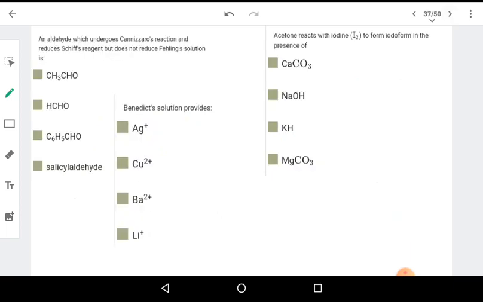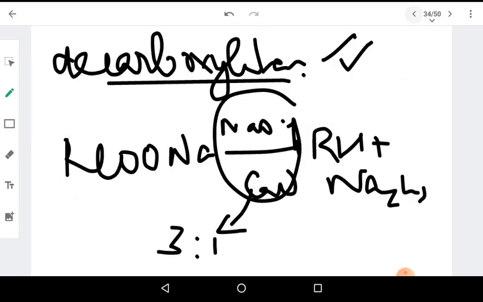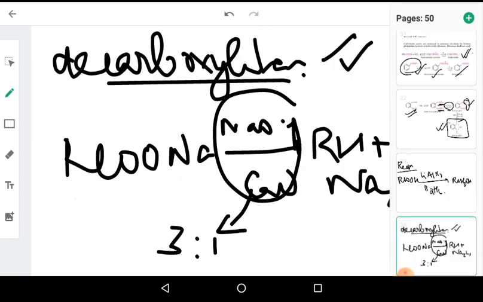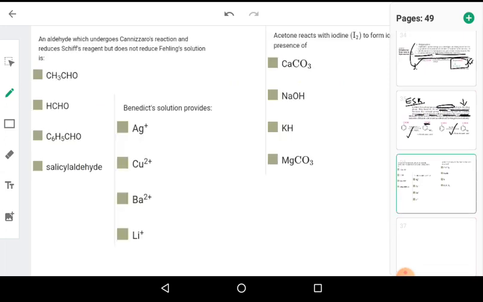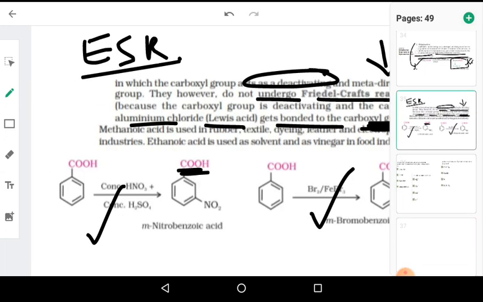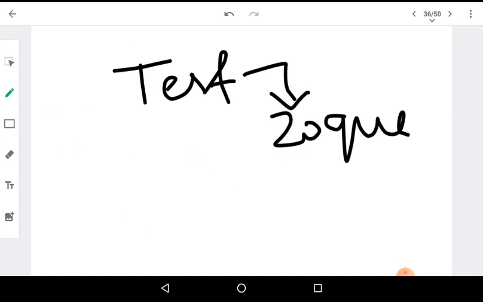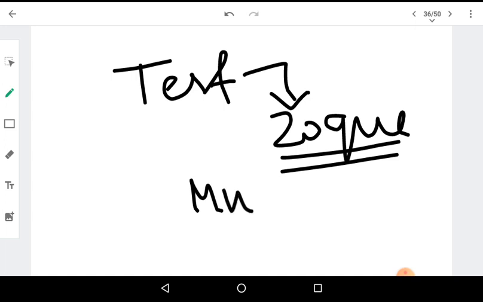Before we move to the questions, please keep an OMR or a paper ready. You can either keep an OMR or you can keep a paper ready so that you can attempt these questions in the form of a test. So let's start with the test. There are 20 questions. Certain questions have multiple correct answers as well.